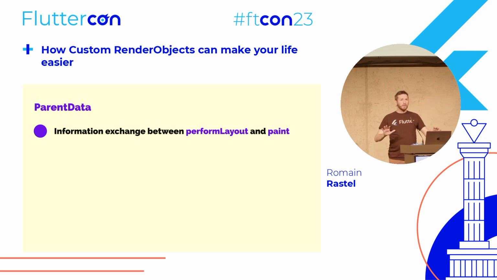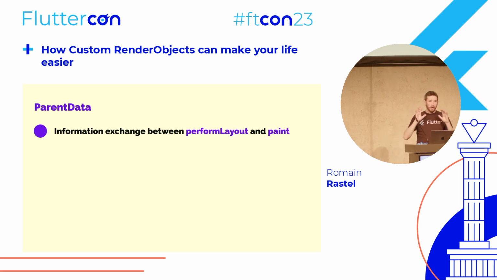Okay, so I know it's a lot of information, but I think I gave the basics to start creating your own render objects. There is a lot more about them, but in most cases, you won't have to dig deeper.